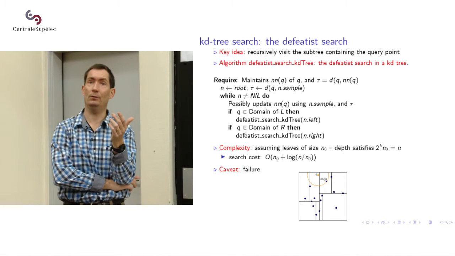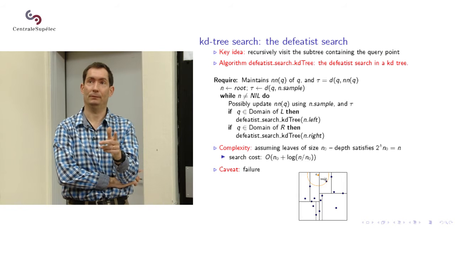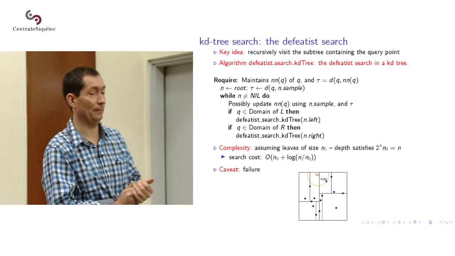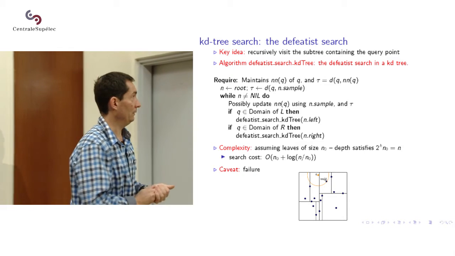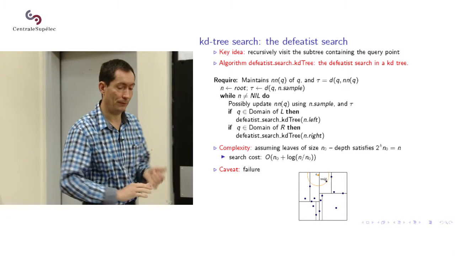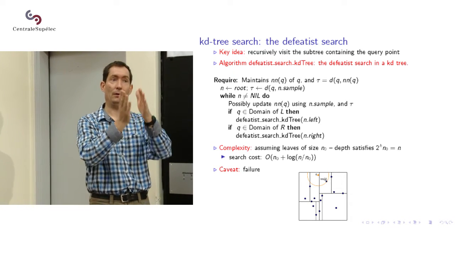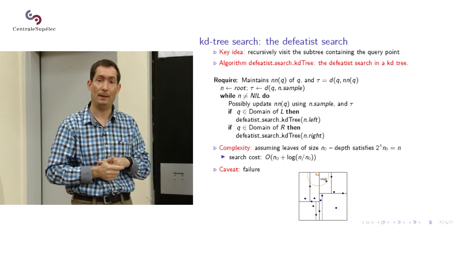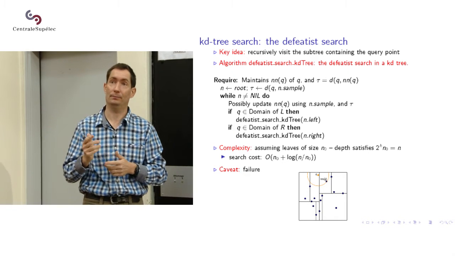So your nearest neighbor is not located in the tree which you visit, right? And so in fact, the strategy is doomed to fail from the very beginning. You make a decision, but right away it is a wrong one. And so of course, this is not very good. The good point here is that you descend down the tree which has a logarithmic height, and so you know for sure that you are done in log n steps, but the caveat is that you may get a point which is not the correct one.